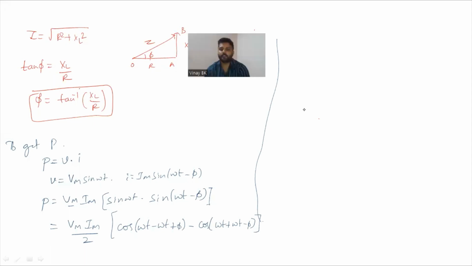So now we can write that P is given by Vm Im divided by 2.